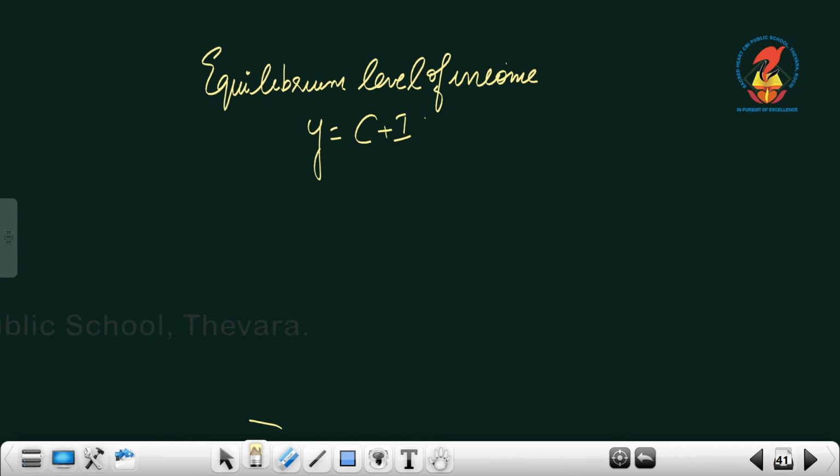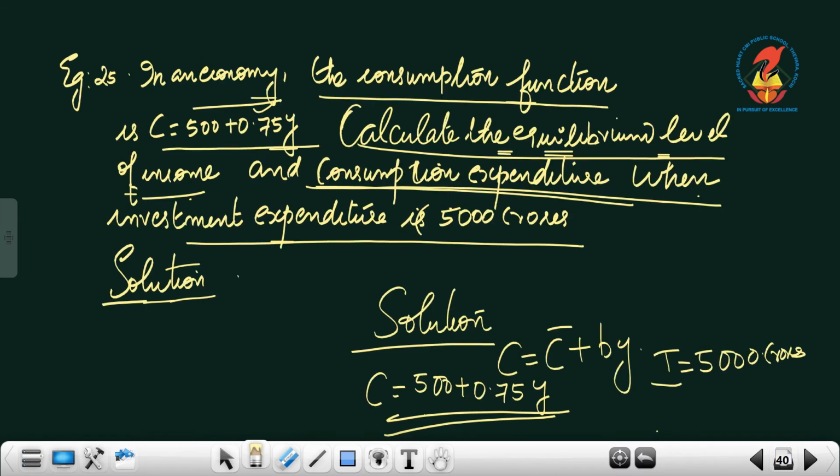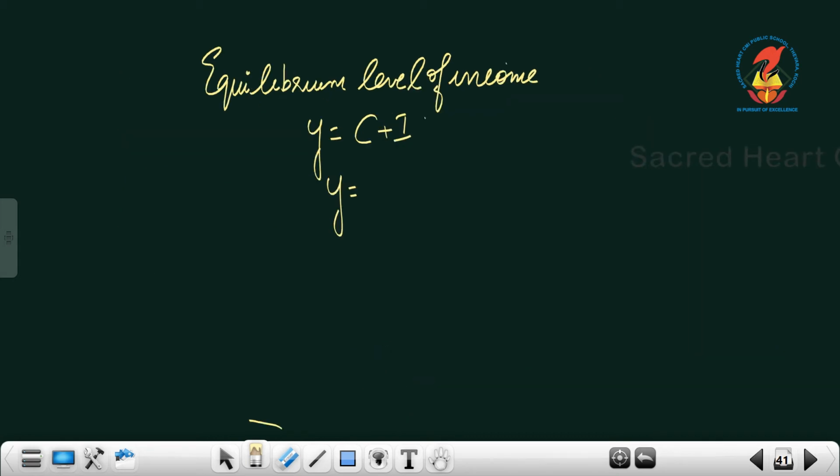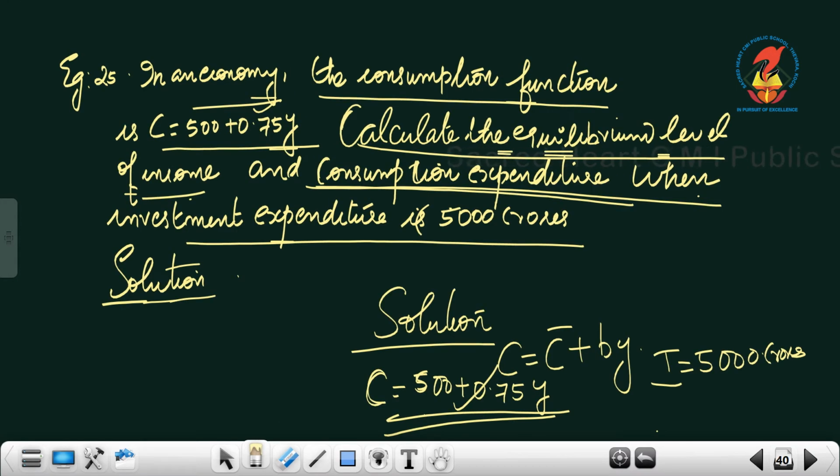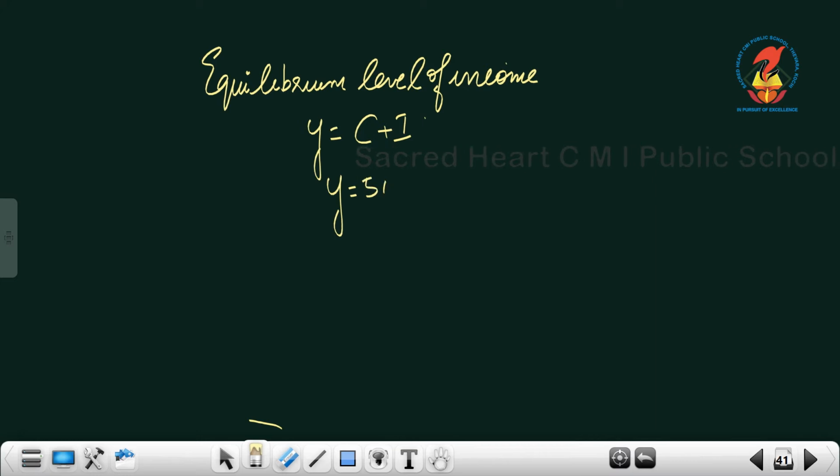Okay. Now, Y is equal to C plus I. We are going to find out the equilibrium level of income, where Y is equal to, instead of C, you can write 500 plus 0.75 Y, because C is equal to C bar plus BY. Therefore, we can write 500 plus 0.75 Y plus I. What is the value of I?